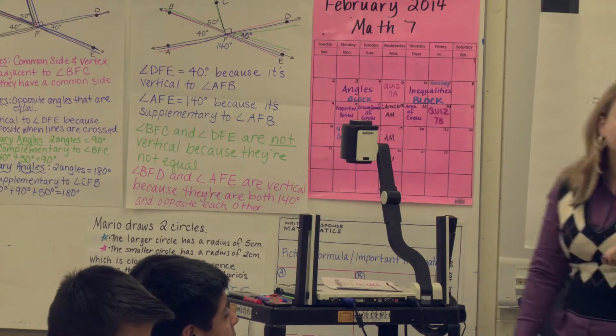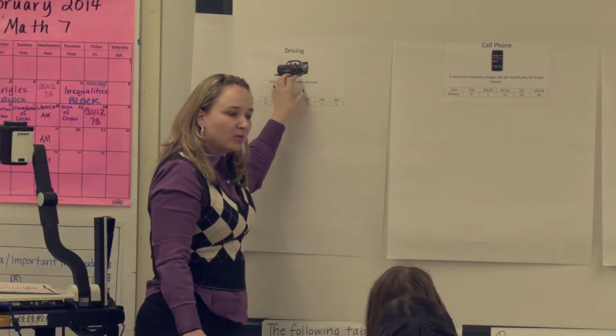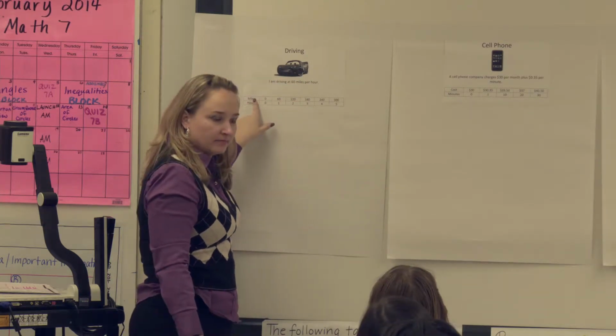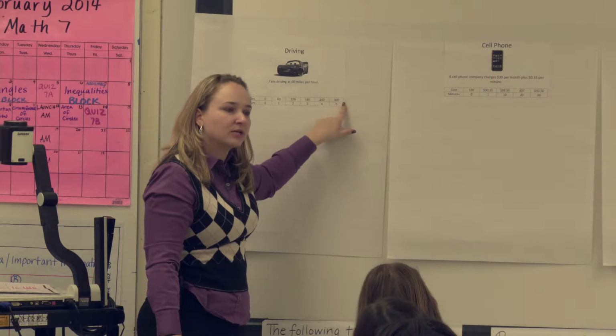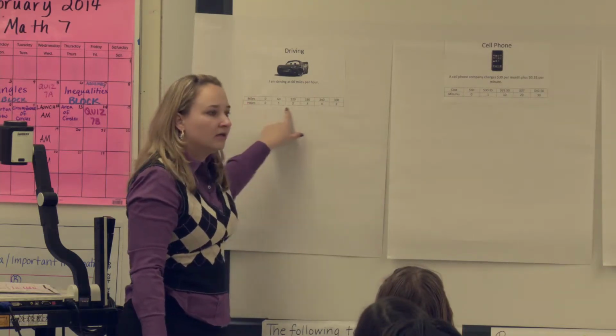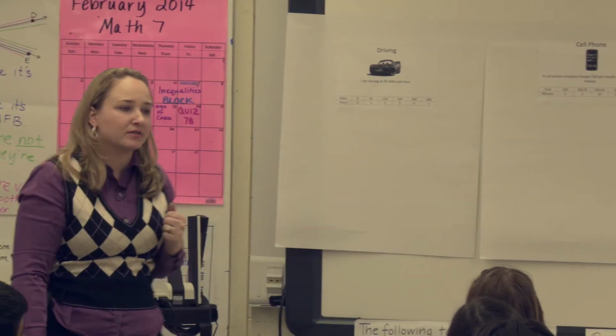And your job with your partner is going to be to determine, is this situation proportional or not? By looking at the table. So let's remind ourselves again, how are you and your partner going to decide if the situation is proportional? What are you going to have to do with those numbers in the table?